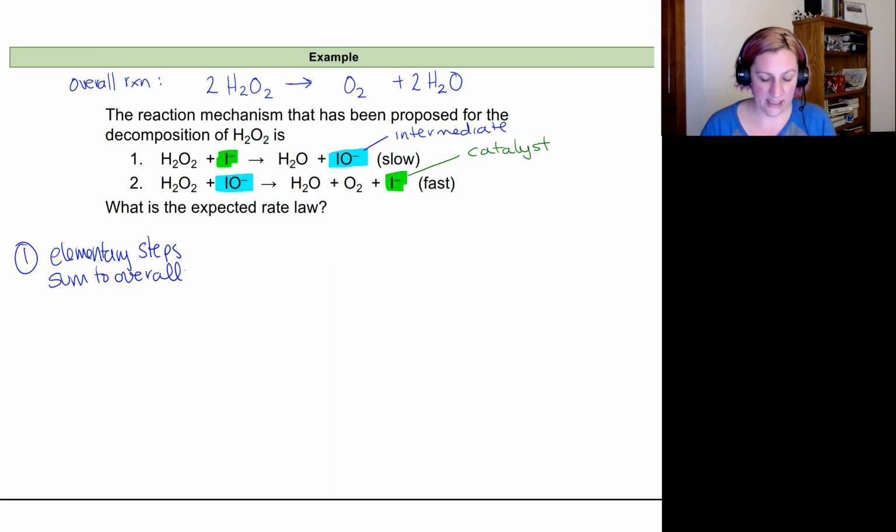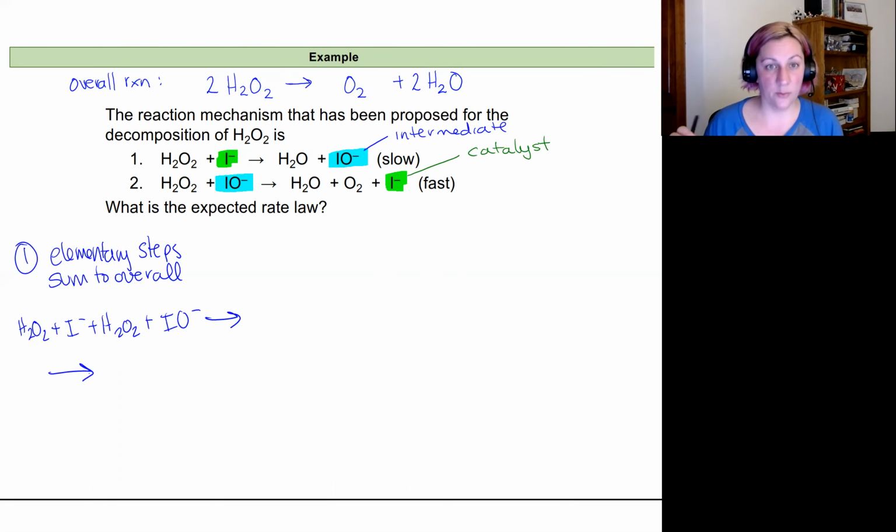So combining these, I see H2O2 plus I minus plus H2O2 plus IO minus. And that's going to go to, and I'm going to come down here to save some room for the next step, our products, which will be H2O plus IO minus plus H2O plus O2 plus I minus.